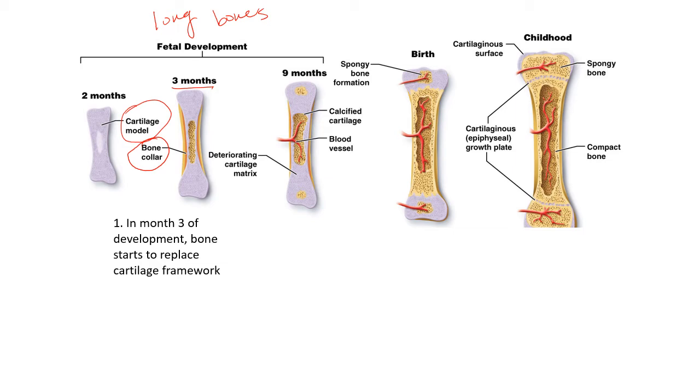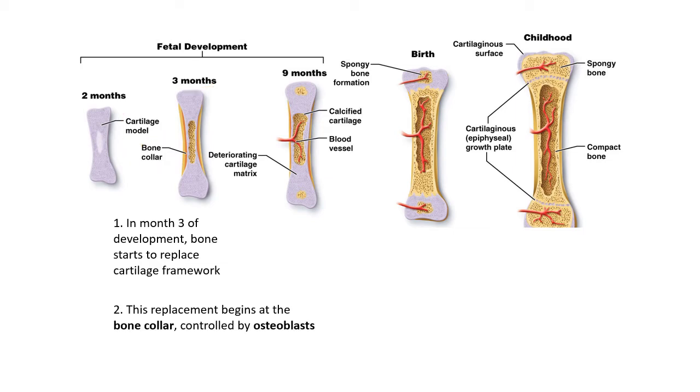We're going to start getting hard deposits of bone, and this will continue. This replacement begins at the bone collar, and the cells that control this are called osteoblasts. Osteo for bone, blasts meaning that these are immature cells. They're a kind of stem cell that is replacing this cartilage with bone.